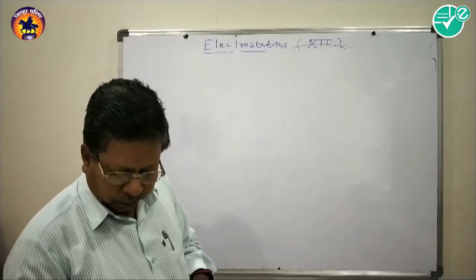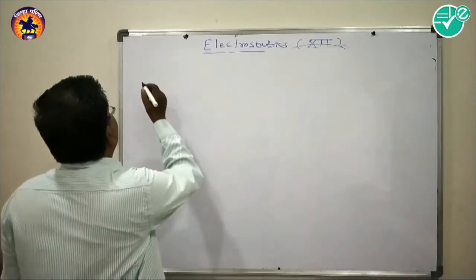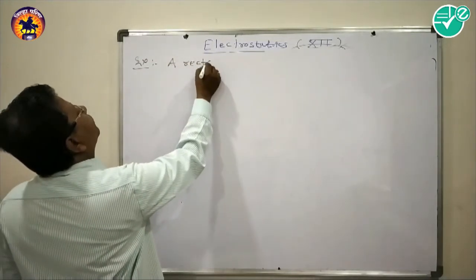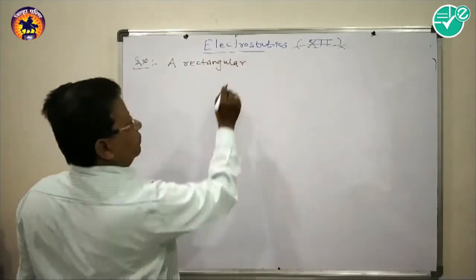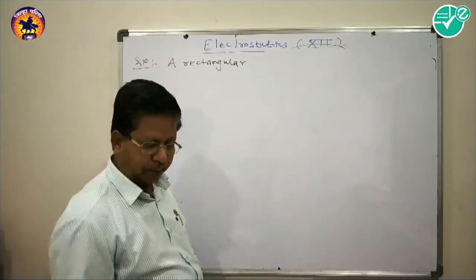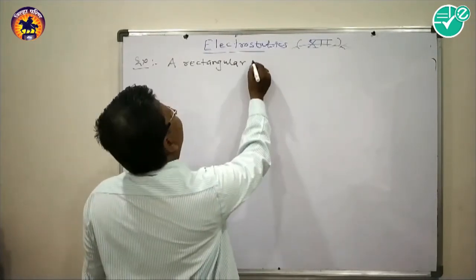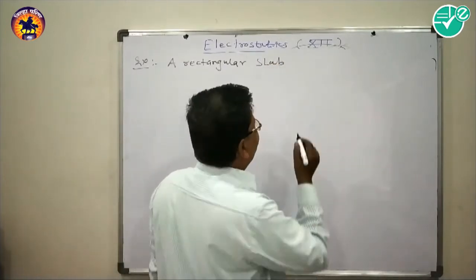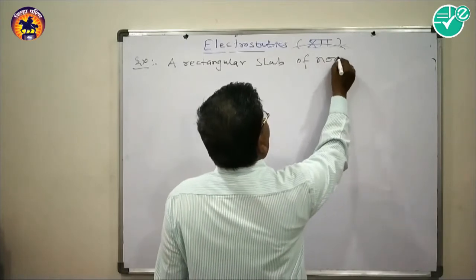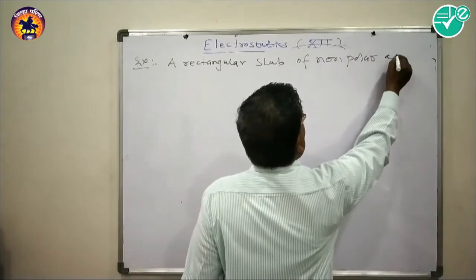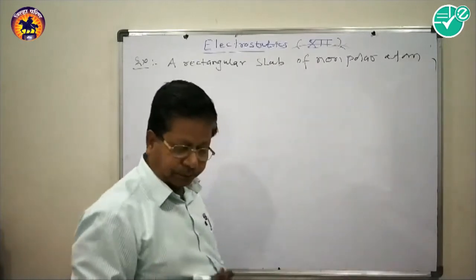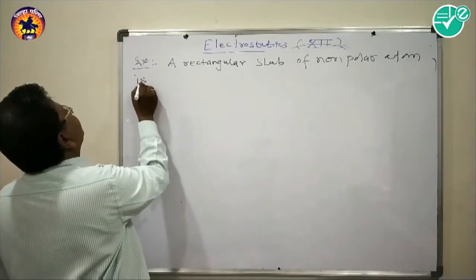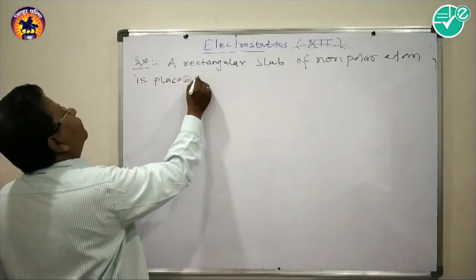Now the example is a rectangular slab of non-polar atoms is placed in an electric field.